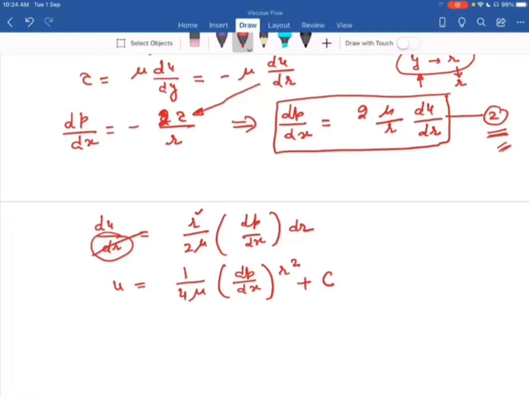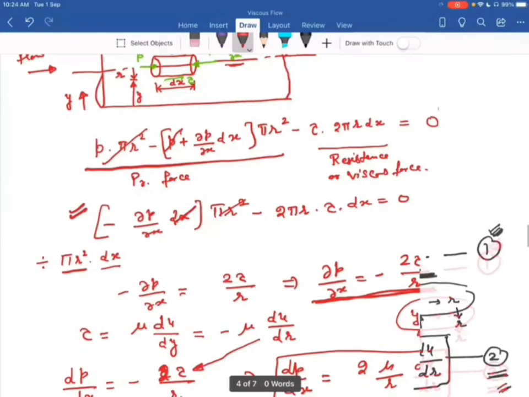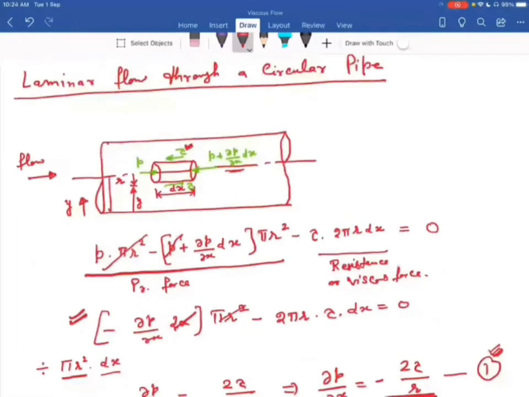So after integrating this equation with respect to r, we have this relation now. Now we have to find out the value of constant c by using the boundary condition. The boundary conditions are, say the total radius of the pipe is capital R. Capital R is the radius of the pipe.